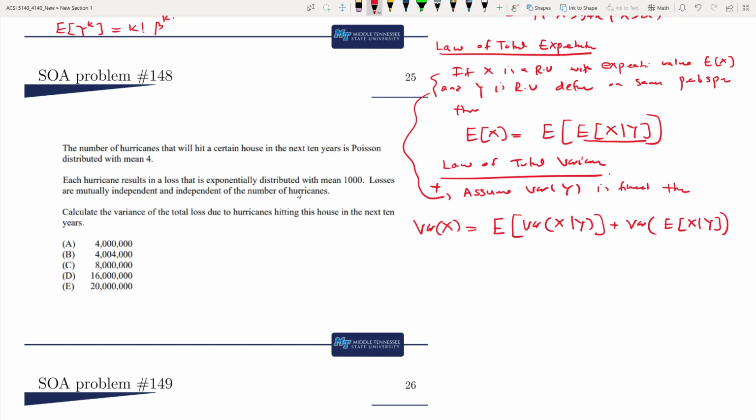So here you can see that the problem is saying that the number of hurricanes that will hit a certain house is Poisson, with mean equal to 4. Basically for Poisson, parameter lambda equals 4. And then each hurricane results in a loss. If I write the number of hurricanes as n, then n is Poisson.